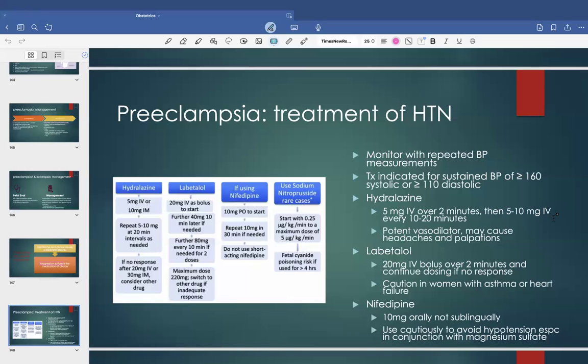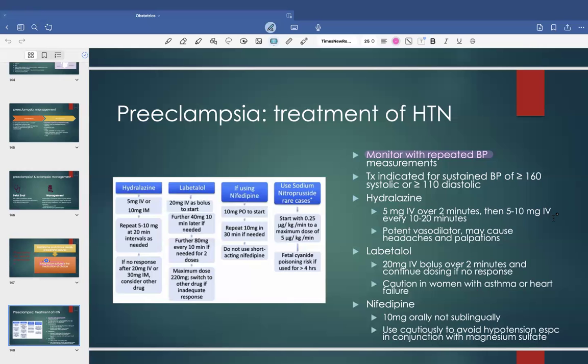Do not give labetalol to a patient with asthma or heart failure. Also be careful with nifedipine if you're doing magnesium sulfate, because it can cause hypotension. So just be mindful of those. Know the 3 that we typically use in pregnant patients. Fluid management. Watch the electrolytes carefully.